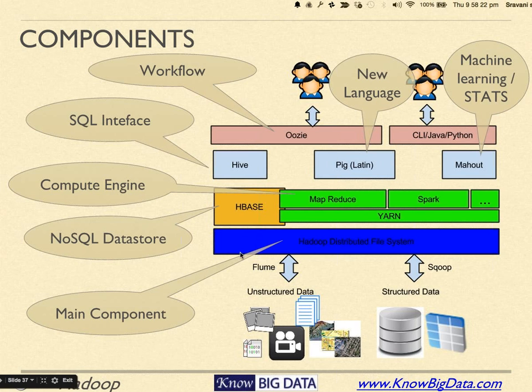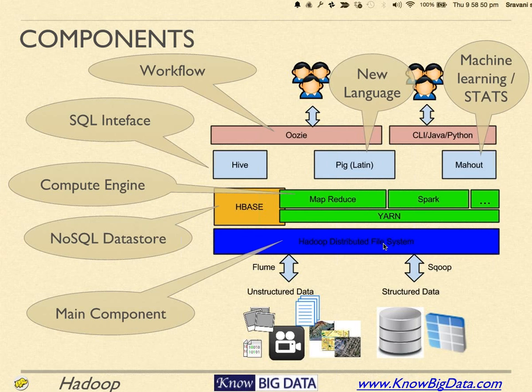At the bottom you have something called Hadoop distributed file system. It is probably the most basic component in the whole ecosystem. Hadoop distributed file system does not depend on anything other than Zookeeper. Zookeeper we'll discuss in session number 9.